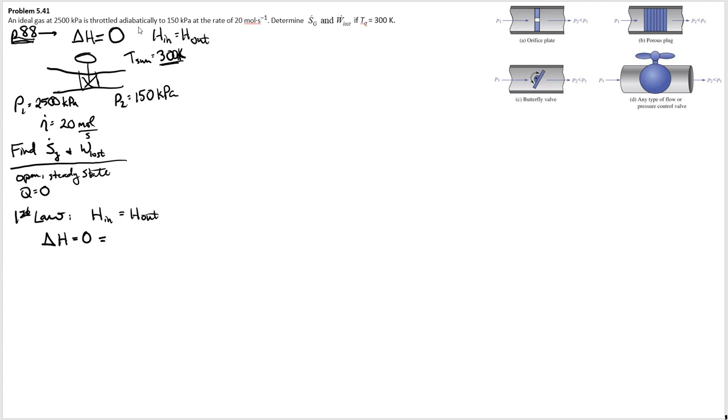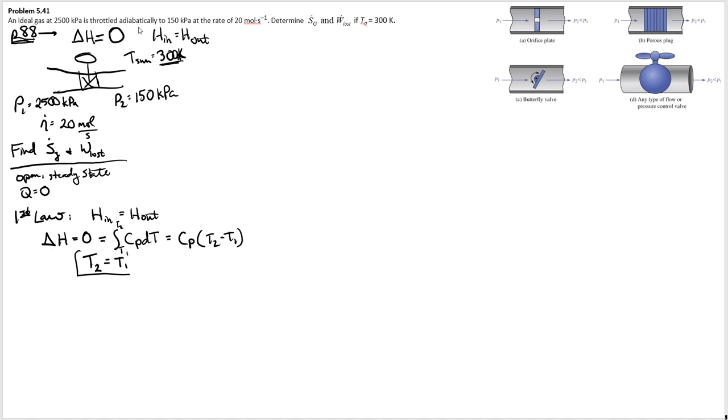Well, remember, delta H is equal to the integral of Cp dT from T1 to T2. Cp has to be positive, right? That can't be 0. What ends up happening? This is Cp times (T2 minus T1). The only way this is true is if T2 is equal to T1.